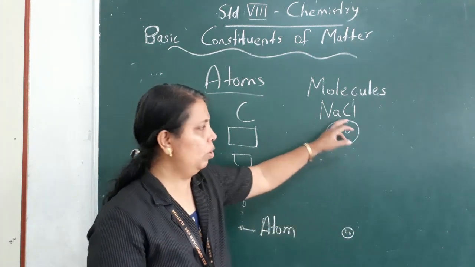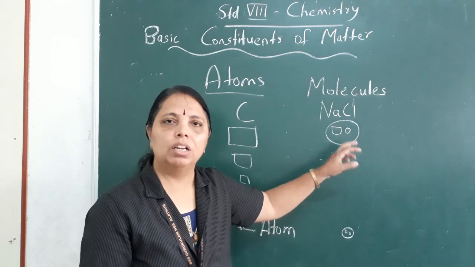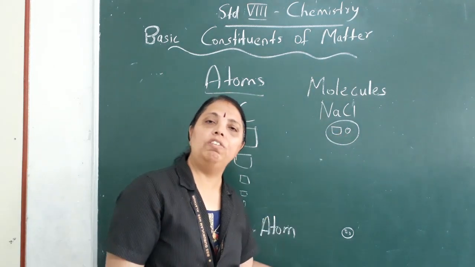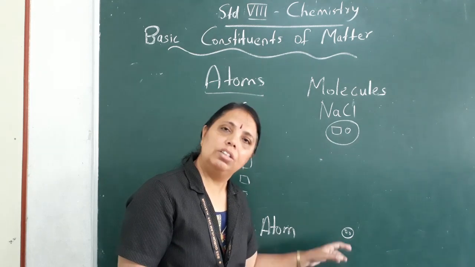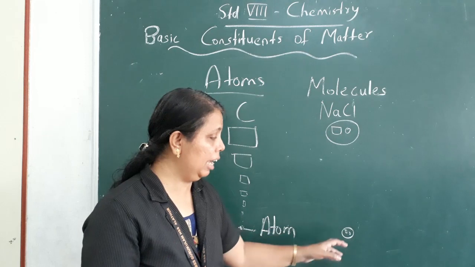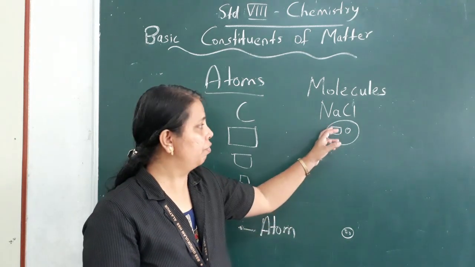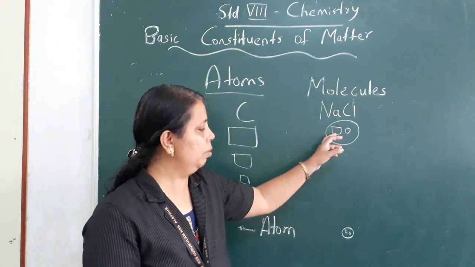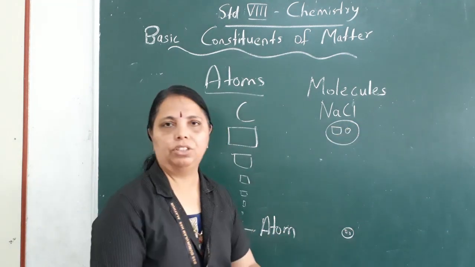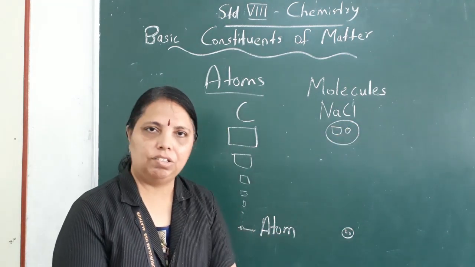So what is a molecule? Molecule is the smallest particle of a compound. The compound has two different elements in this case, so the molecule will also have the same different atoms. If there is sodium here, sodium will be here too. If there is chlorine here, chlorine will be here too. Okay? Understood?